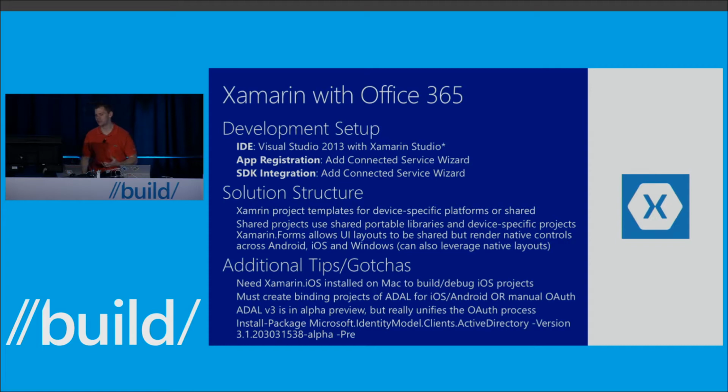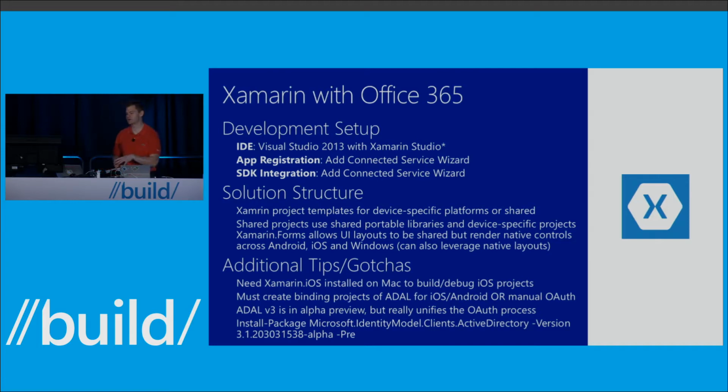However, there's also what we call a shared project. A shared project looks a lot like the first version of a Windows Universal project. So if you've ever done a Windows Universal app before, you have a Windows project, a Windows Phone project, and then you have a shared project. The shared project is where you try to put all your code because it can be shared across all of those.